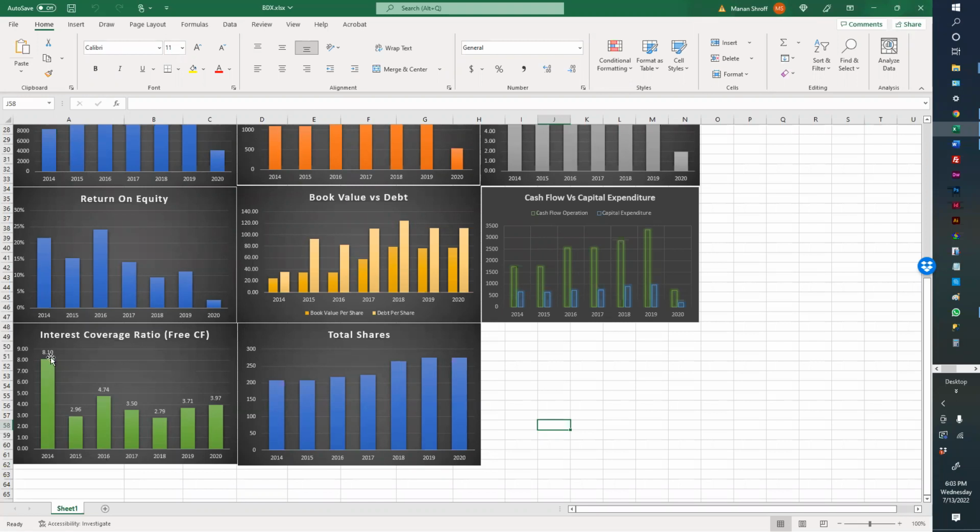So you can see that they used to have 8 times coverage. So for $8 of free cash flow, they have a $1 debt, which in 2018 dipped to $2.80 of free cash flow for $1 debt.